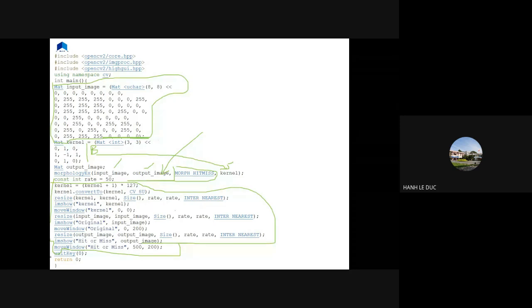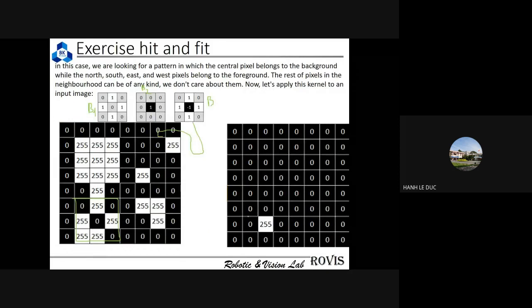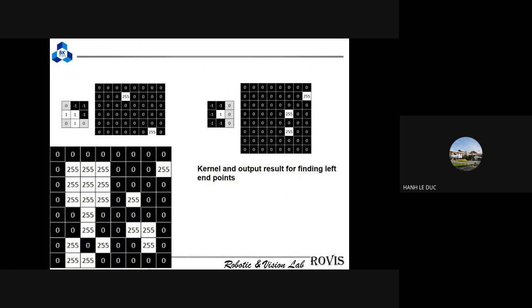After you run this code, you will have a result like this. And here is some more examples. They want to find where this position is in the image. So again, 1, 1, 1, and this is 0, 0, and 0. Let's find it.